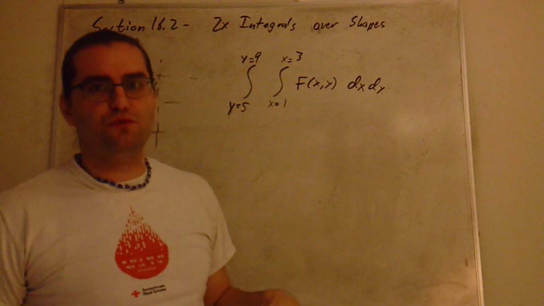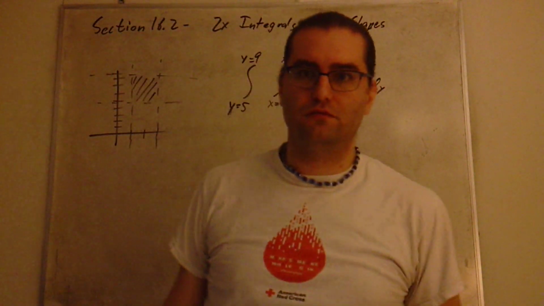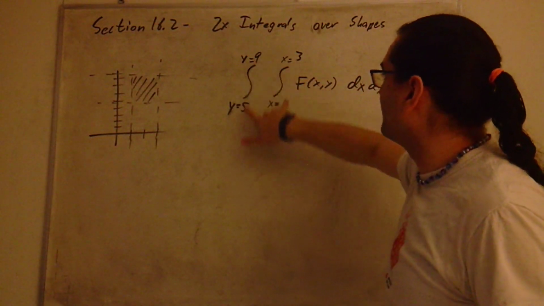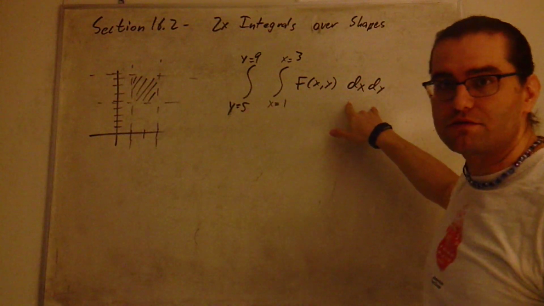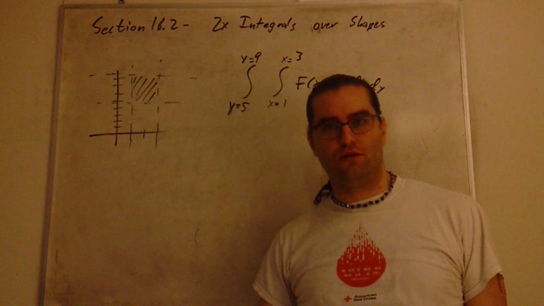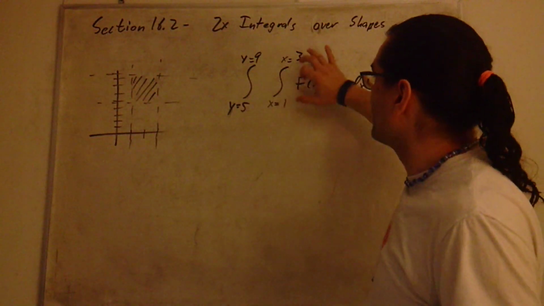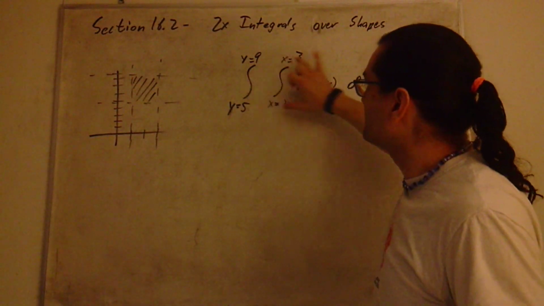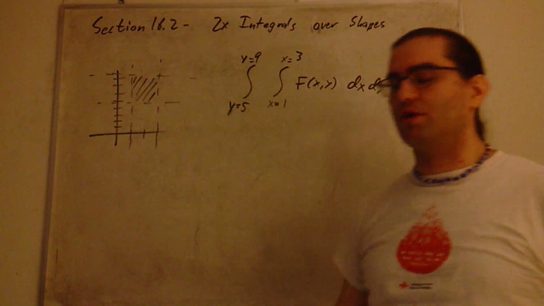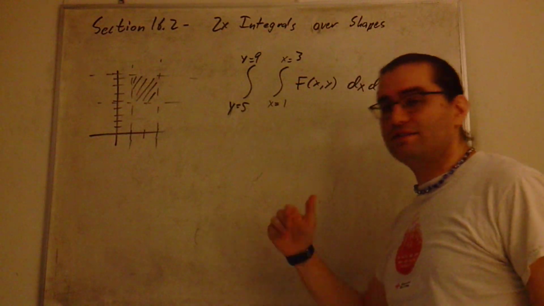Anytime you do a double integral and you have constants for these x and y value bounds, you will always get a rectangle. All the time, every time. These constant functions are straight lines, which gives you a rectangle.